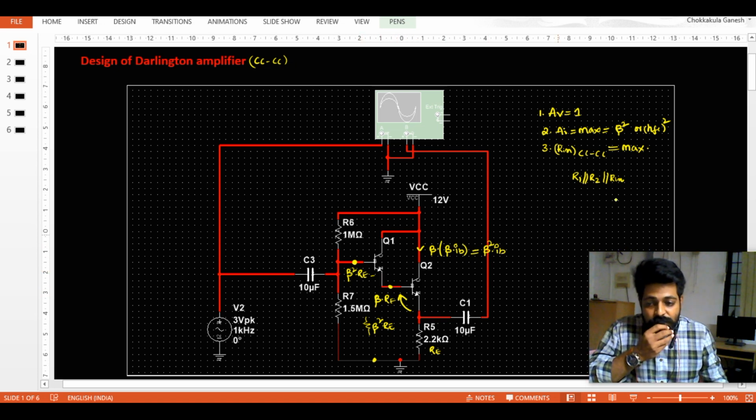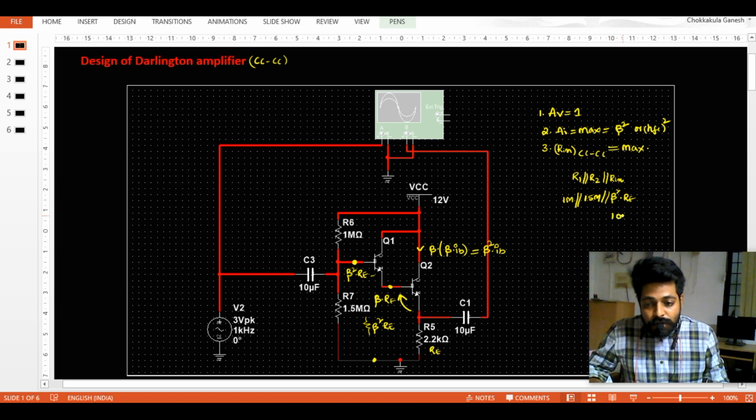The effective resistance is beta whole square times RE, parallel with R1 calculated value around 1 mega, parallel with 1.5 mega, and parallel with beta square times RE. Beta square means I consider the beta value of the transistor to be around 100.